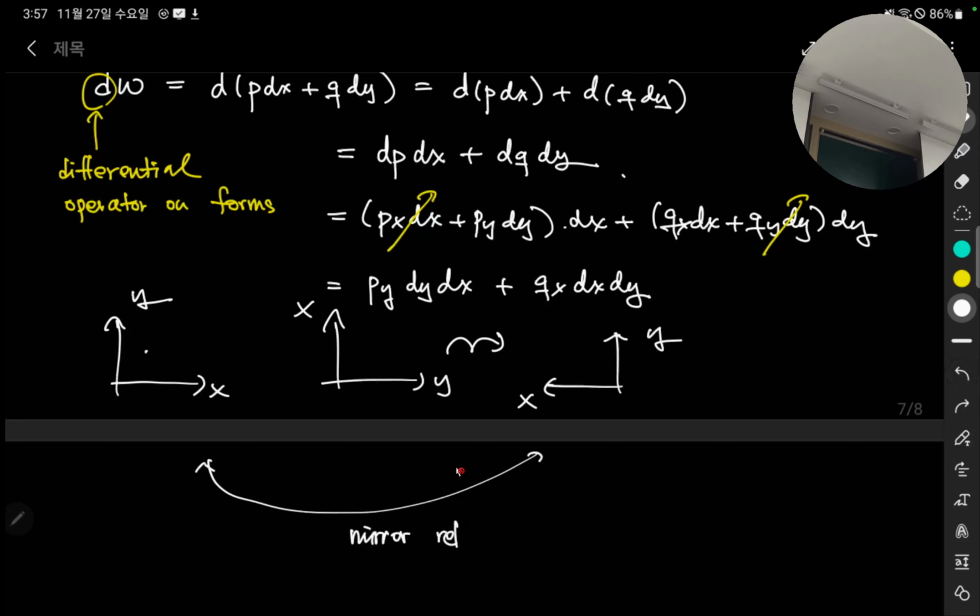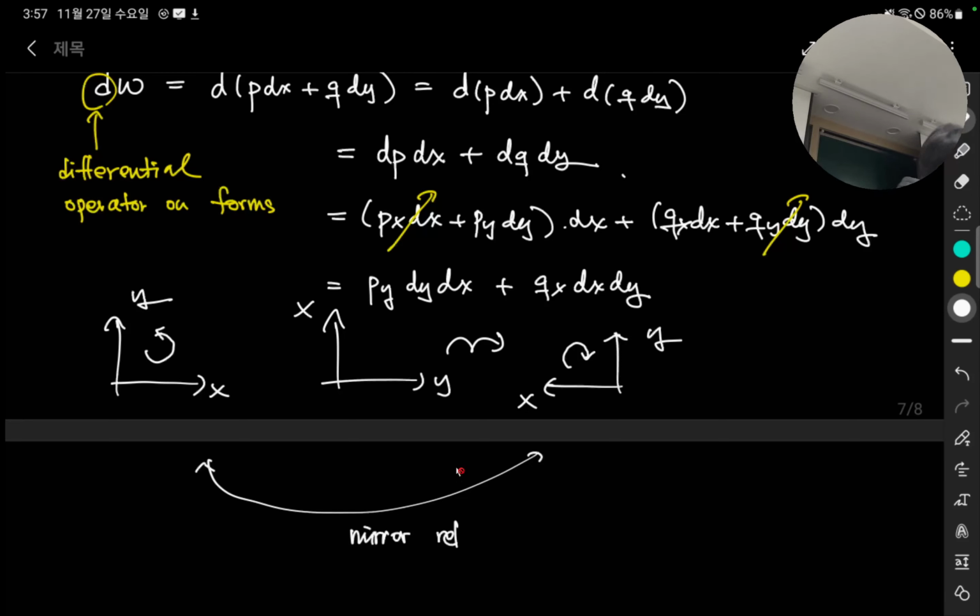So if you are winding counterclockwise in one picture, then you're winding clockwise in the other picture. So they are mirror images. In some sense, they have an opposite orientation. So when you take the surface integration, you want to take care of the orientation carefully, because orientation changes the sign of your result.